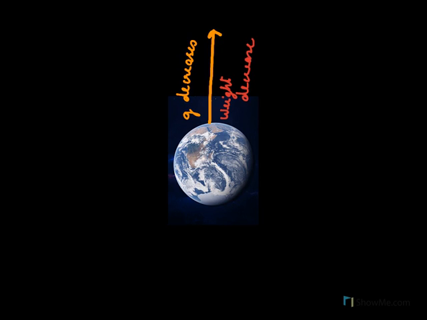So as we move away from the Earth, our weight slowly keeps decreasing, and when we get into space, g is 0. So our weight will be mass into g, mass into 0. So weight is 0. So in space, since acceleration due to gravity is 0, our weight is also 0.